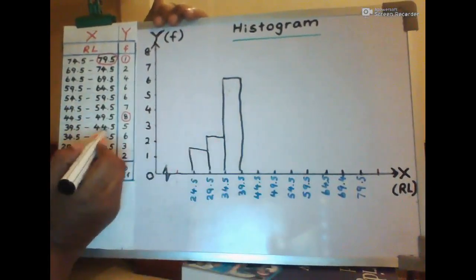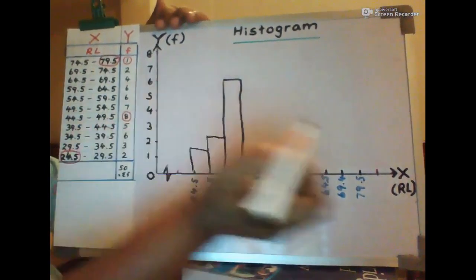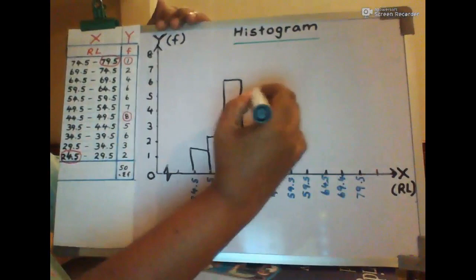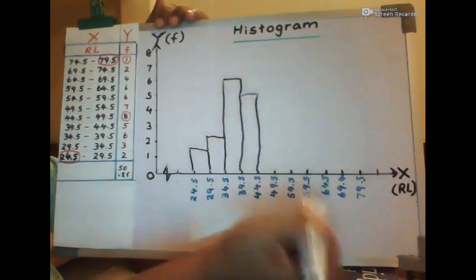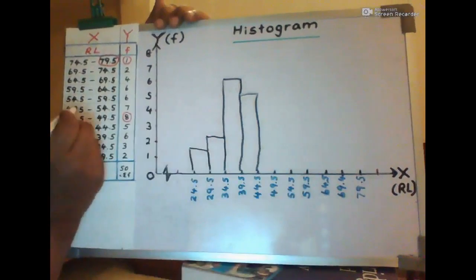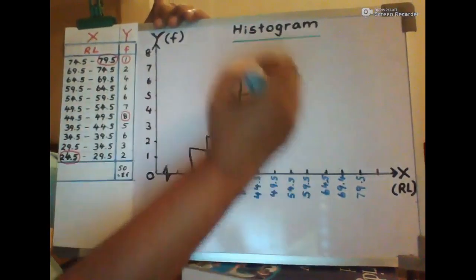How many? 5. 44.5 to 49.5. How many? 8, the highest value.